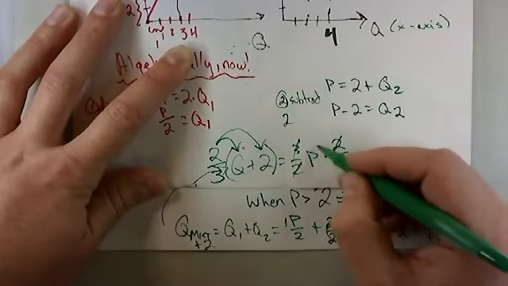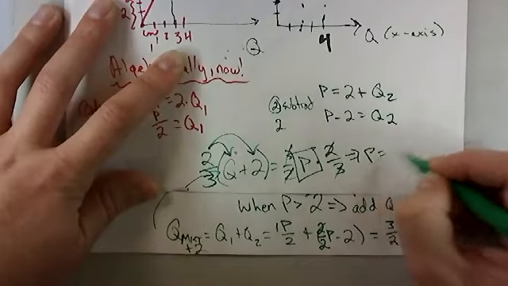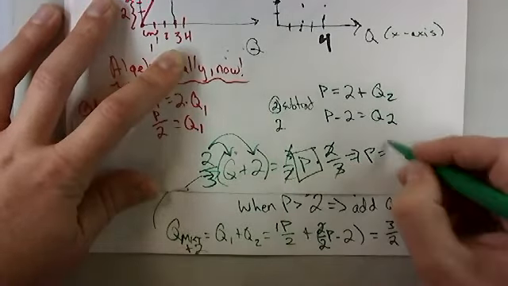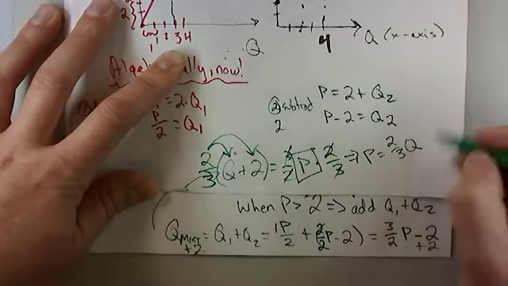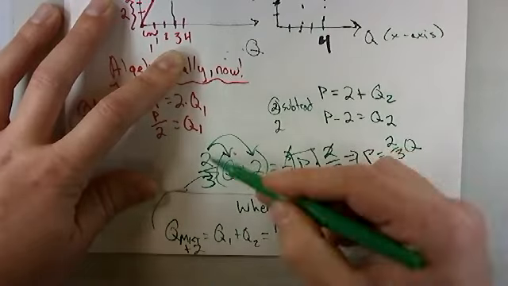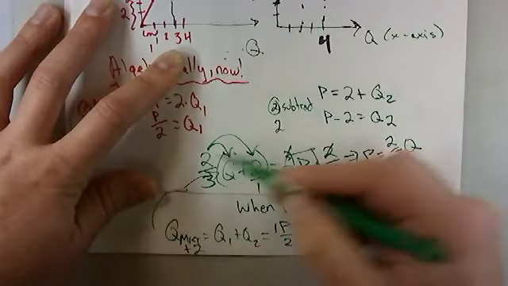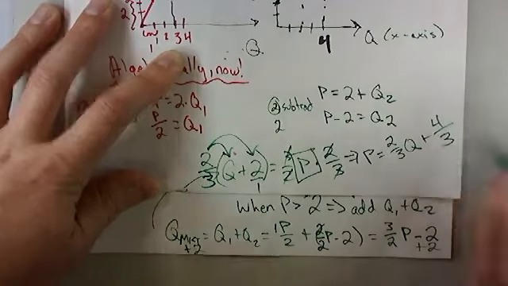So this P now is fine. He's all by himself, which is what we want. So we end up with P equals 2/3 distributed on Q is just 2/3 Q. And then 2/3 times 2, so this is 2 over 1, you multiply the numerators and the denominators. So 2 times 2 is 4 over 3 times 1 is 3.